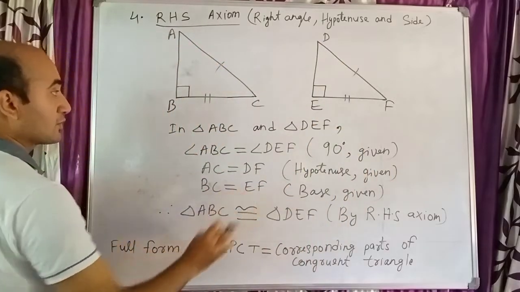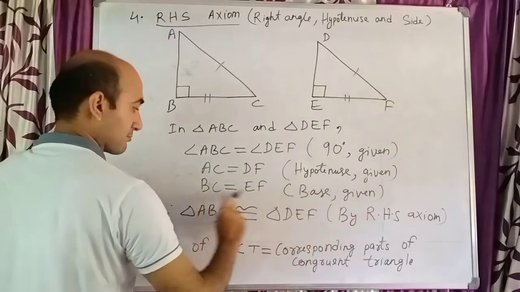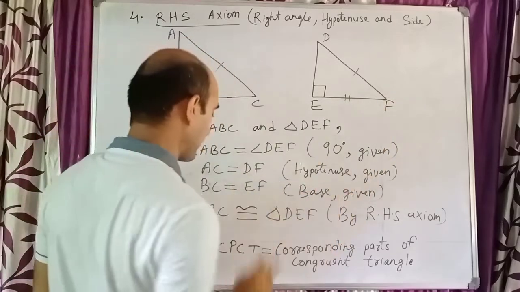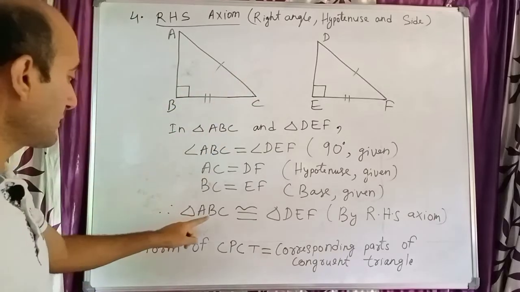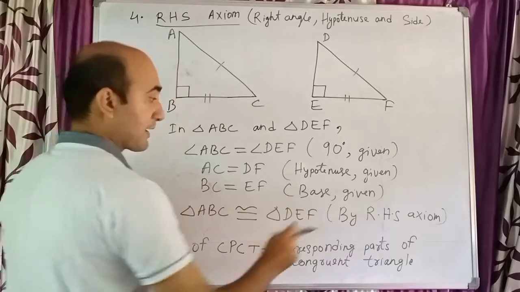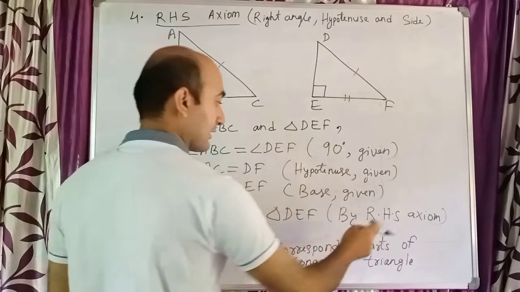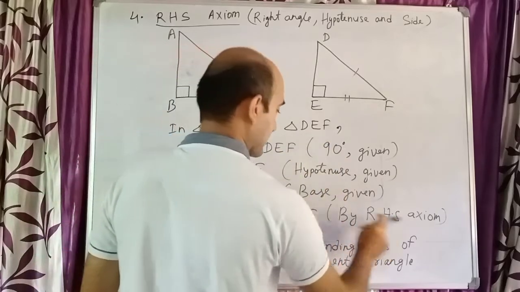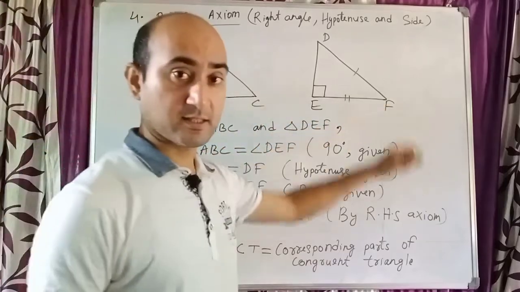Now BC equal to EF, both are base, it is given. So now we can say triangle ABC is congruent to triangle DEF by RHS, that is right angle, hypotenuse, and side, where I have taken one side as base.